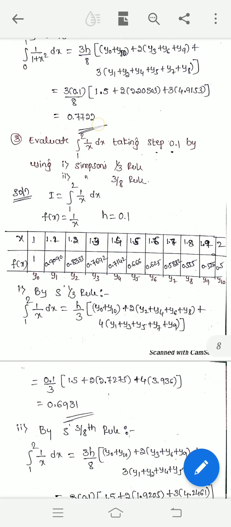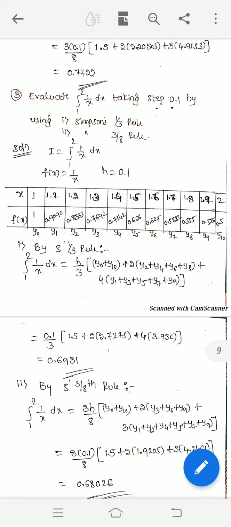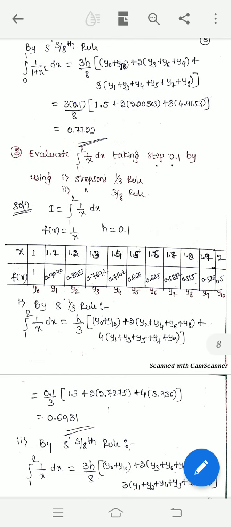Calculating, we are getting the result as 0.7722. Okay, this is another example regarding the Simpson's 3/8 rule.